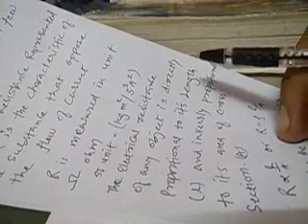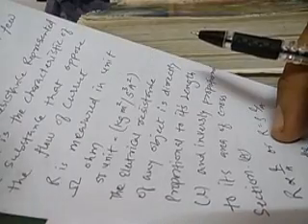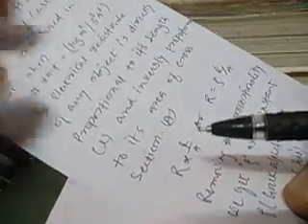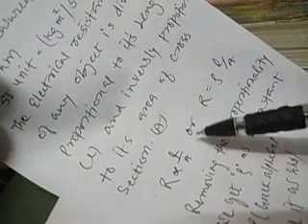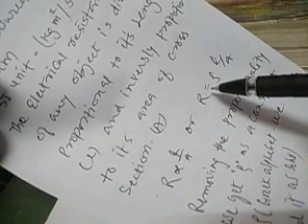So more is the length, more is the resistance; more is the cross section area, less is the resistance. So R is proportional to l by A, or if we remove the proportionality sign, R is equal to rho l by A.